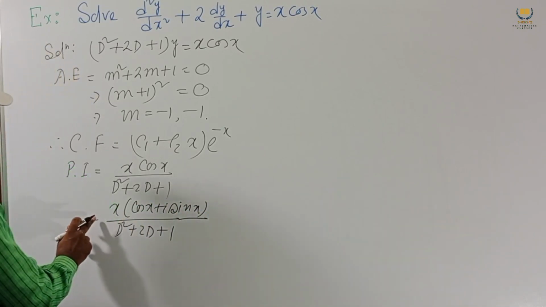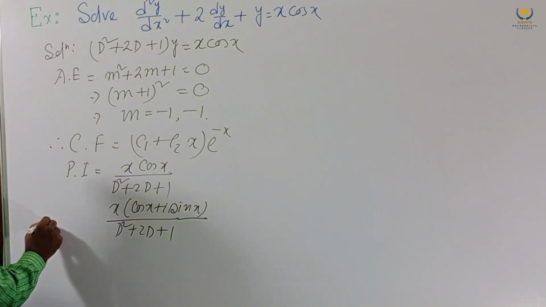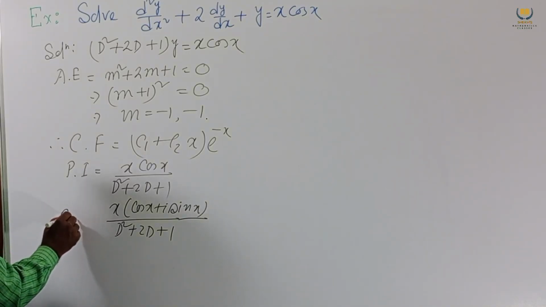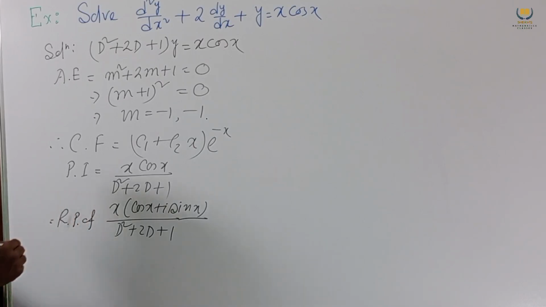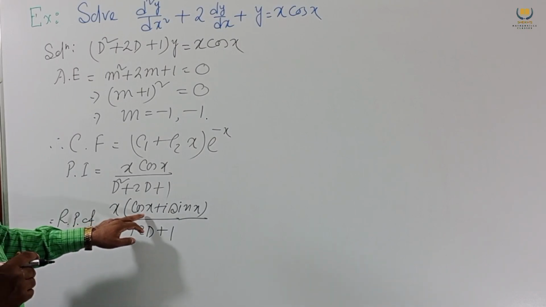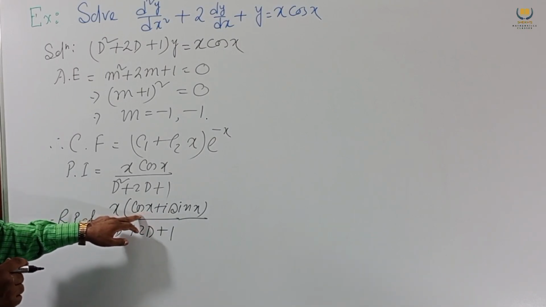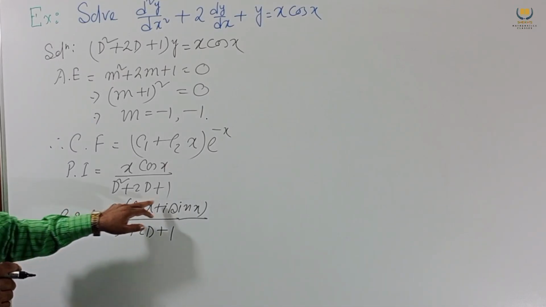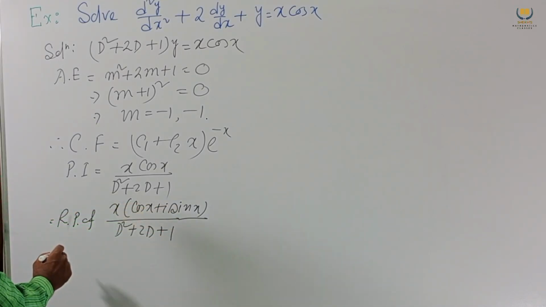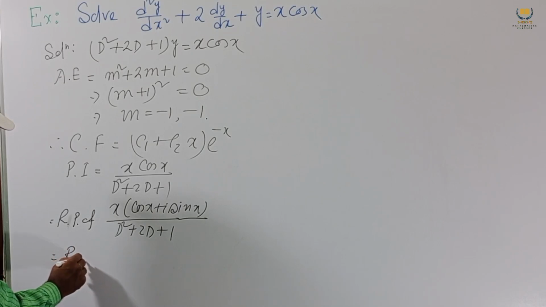We write the real part of this, meaning cos x is the real part and the imaginary part is sin x.